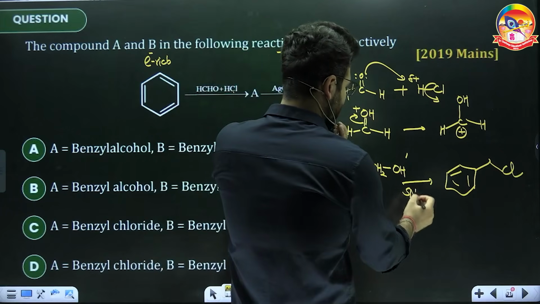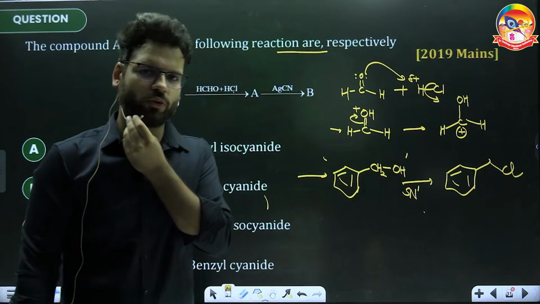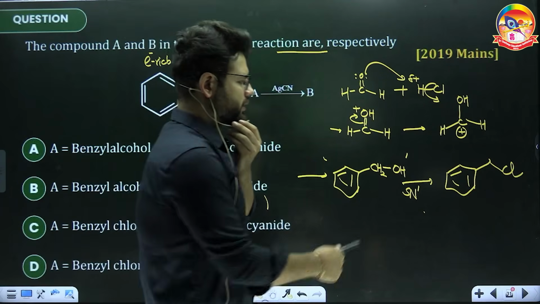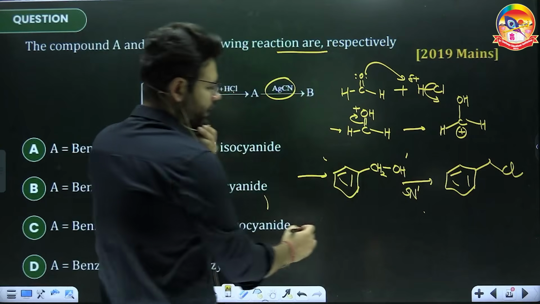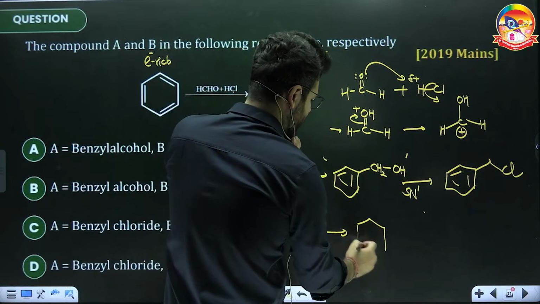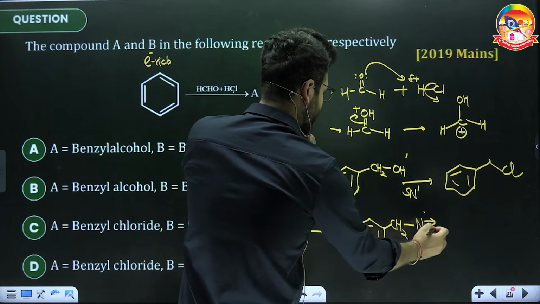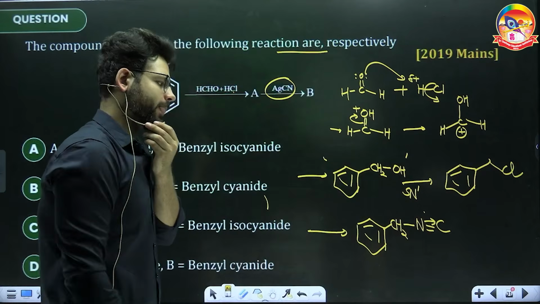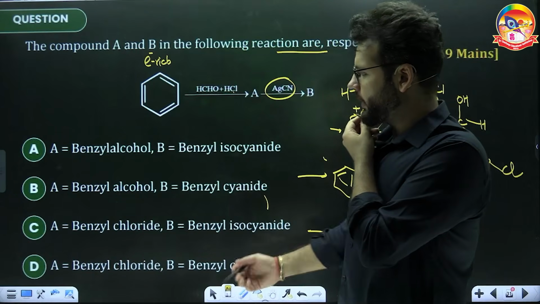SN1 reactions are highly feasible when the carbocation is stable. I can see the benzyl carbocation is super stable, so it gives us benzyl chloride. And then we are reacting with AgCN. AgCN, we know, is a covalent compound which attacks from the nitrogen side, and we get benzyl isocyanide. Very nice question.